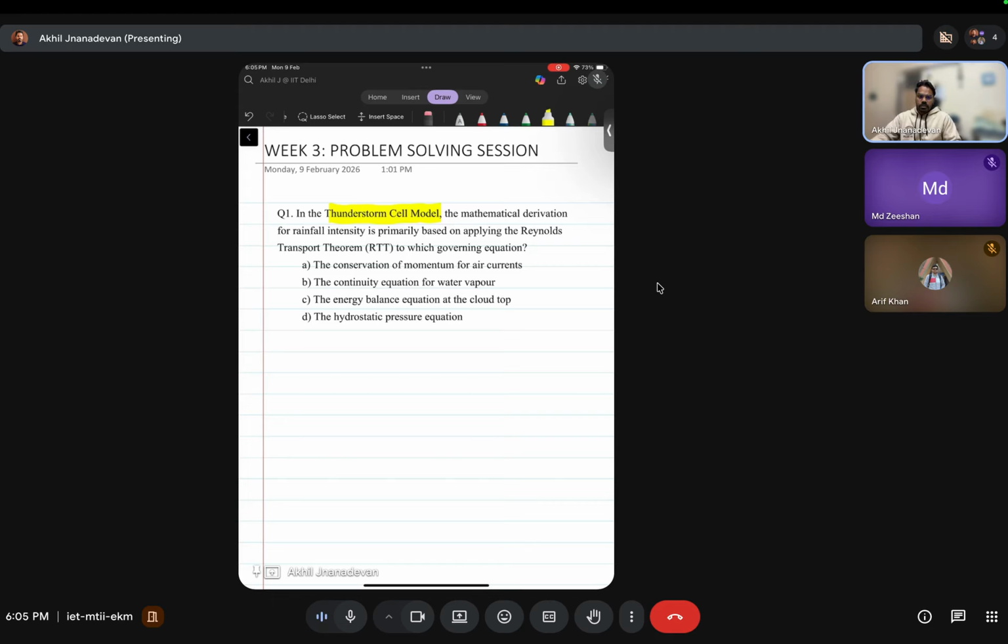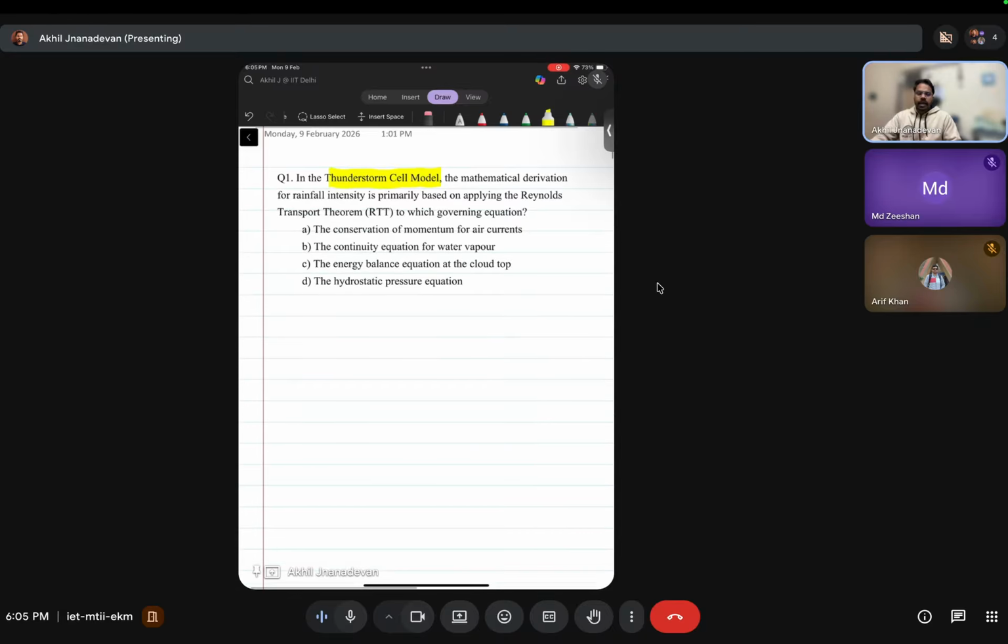There are many assumptions, but keeping those assumptions, if the lapse rate and everything remains constant, we can find these parameters at a given elevation. The only thing we have to measure is these parameters at the ground surface, right? Similarly, if we have the parameters at the ground surface, we can make use of this thunderstorm cell model with the help of the RTT, that is the Reynolds transport theorem.